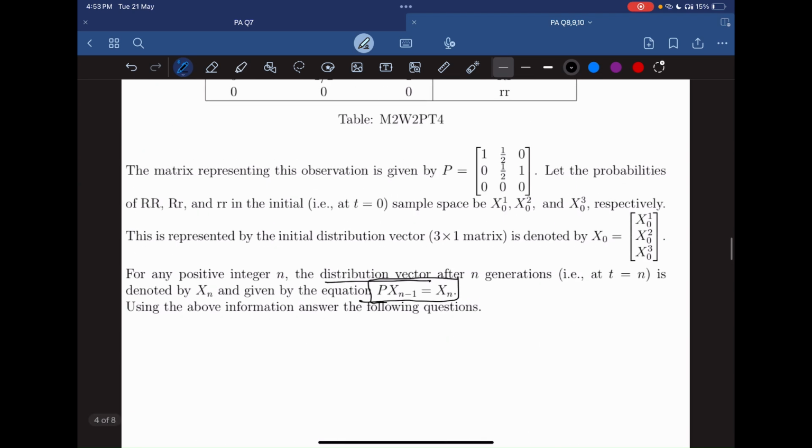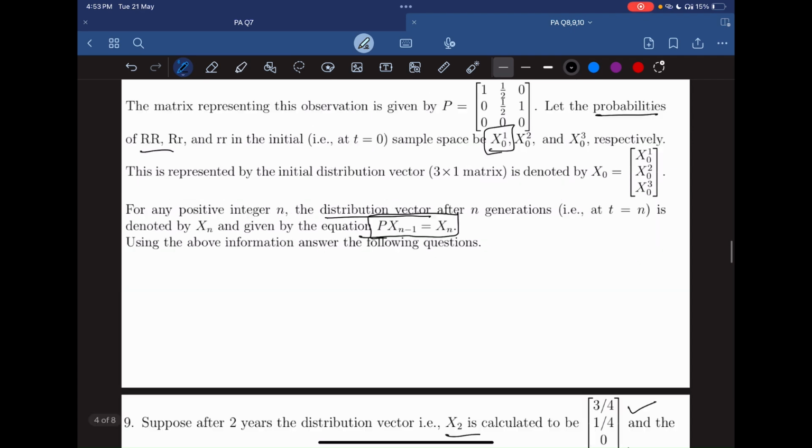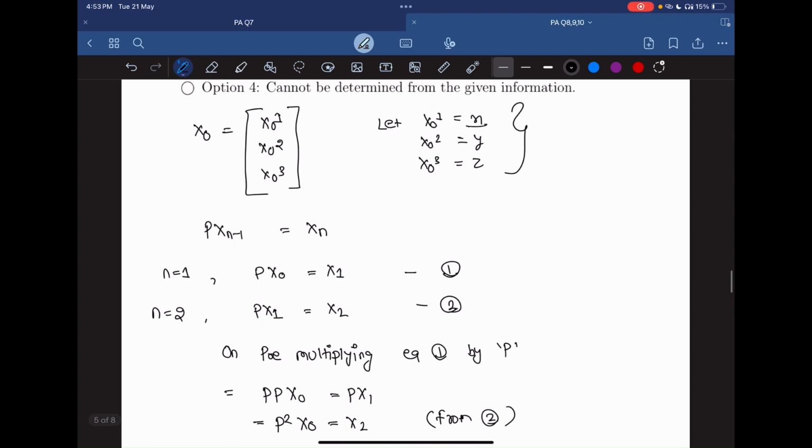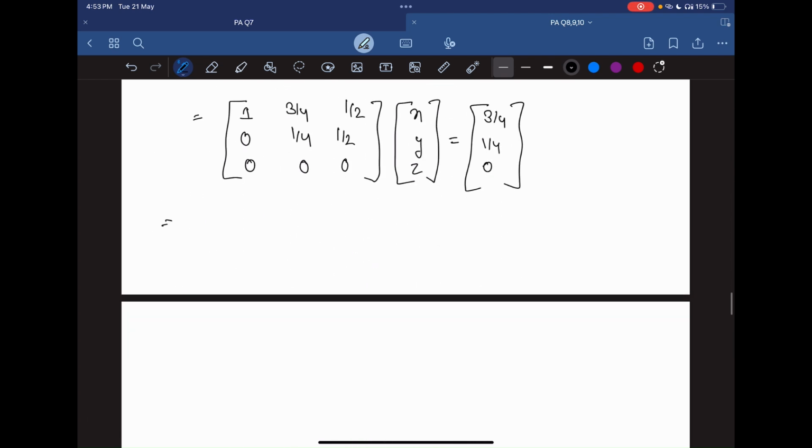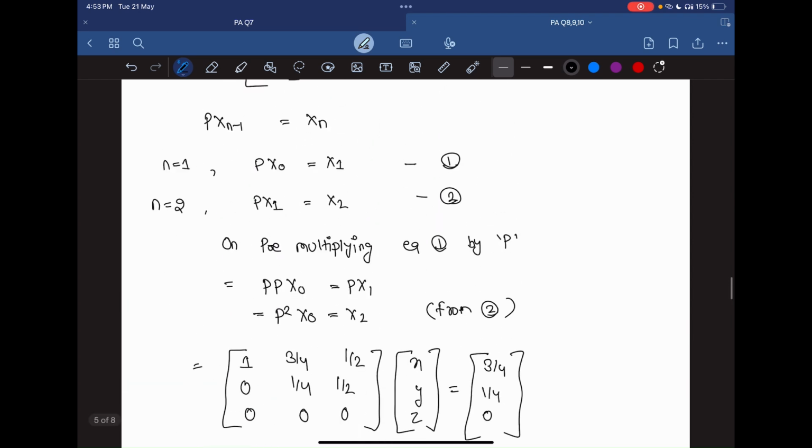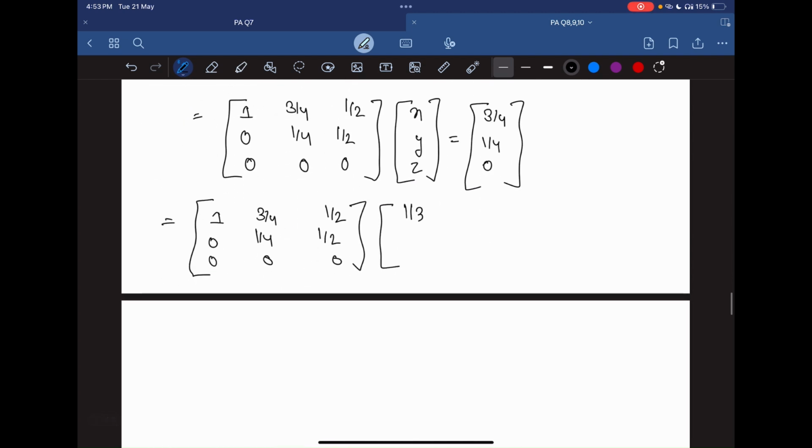Remember that the initial distribution probability for capital R is denoted by x naught 1, and in our case, we are denoting it with x. So we can write this as 1, 3 by 4, 1 by 2, 0, 1 by 4, 1 by 2, 0, 0, 0 times 1 by 3, y, z equal to 3 by 4, 1 by 4, and 0.